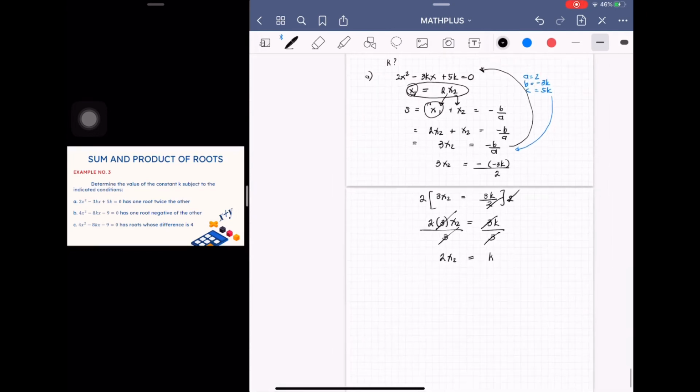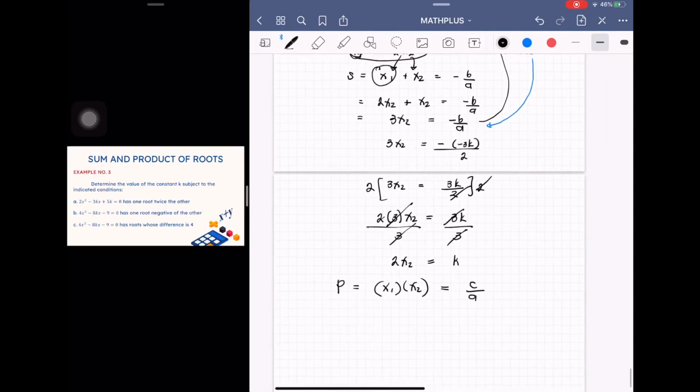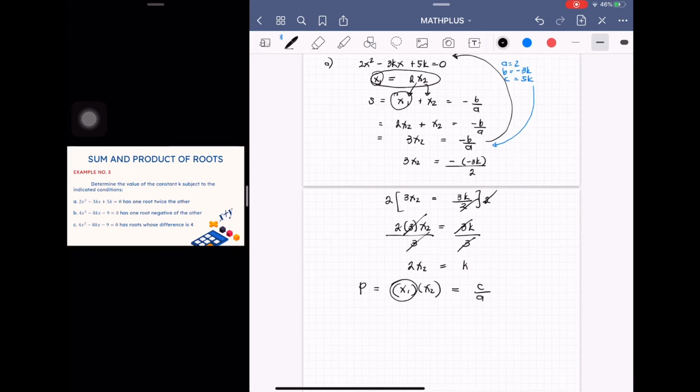If you use the other principle, which is the product of the roots, that's x sub 1 times x sub 2, and that's equivalent to c over a. Substituting, we know that x sub 1 will be replaced by 2x2, multiplied by x2 also. That's equivalent to c, which here is 5k, divided by a, which is 2.